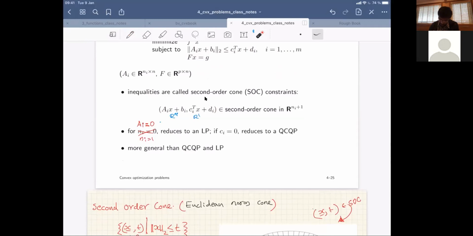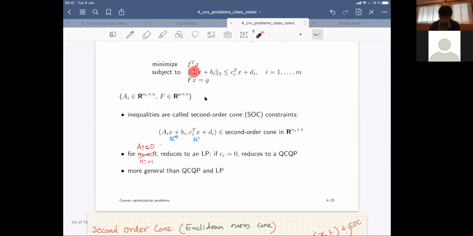One way to visualize it is A equal to 0. The other way is to make this A_i a vector, meaning the number of rows equals 1. So let A_i be 1 cross n. In that case, this will be a vector.